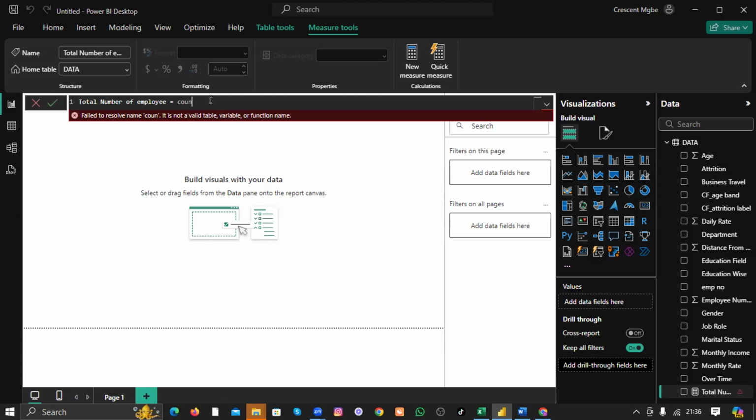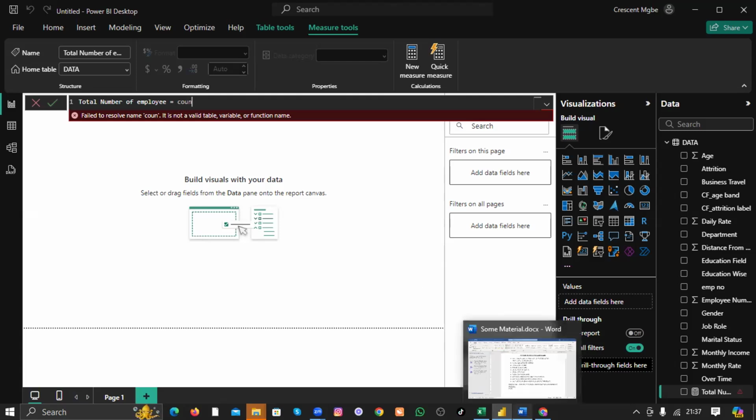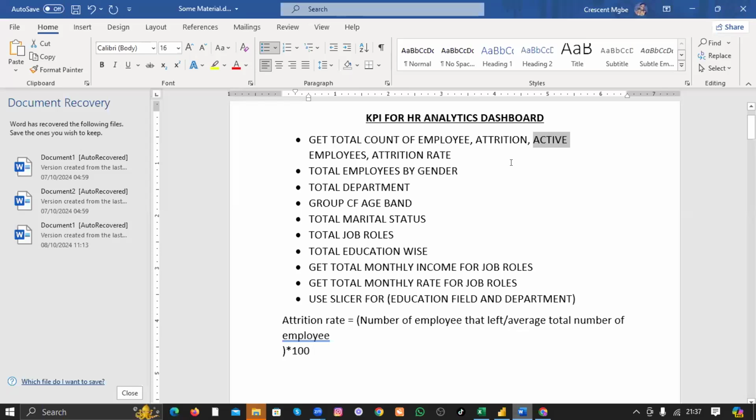Yes, I was asking, rather than using DAX, is it not possible to filter the attrition from the table so that we'll be able to get those that have left and those that are still active? Yes, you can do that, but I think the best thing is to use DAX because you need to calculate the attrition rate, and you cannot use a filter to do that.